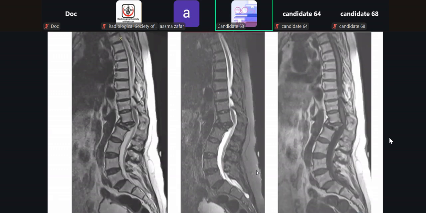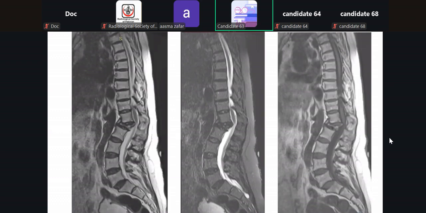Collapse of the vertebra. No paraspinal collection seen, and the posterior elements, I cannot appreciate the posterior elements in these images to see a fracture.